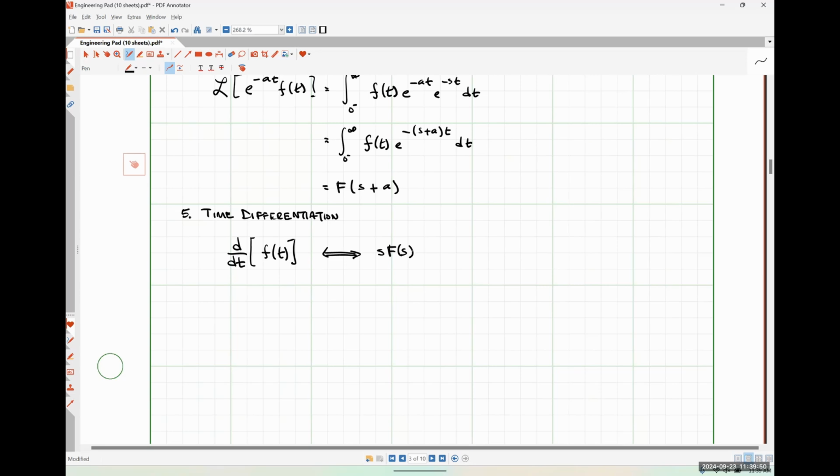So just my Laplace transform of my original function multiplied by a factor of s. And then I need to subtract from that lowercase f at 0 minus. So effectively, I need to take my initial condition into account on the system. Okay.